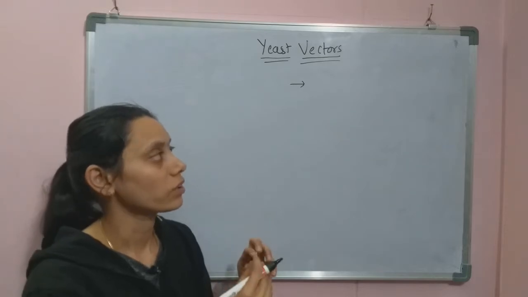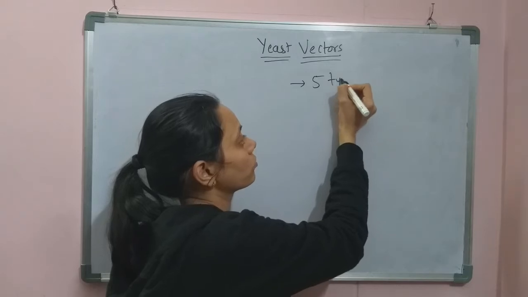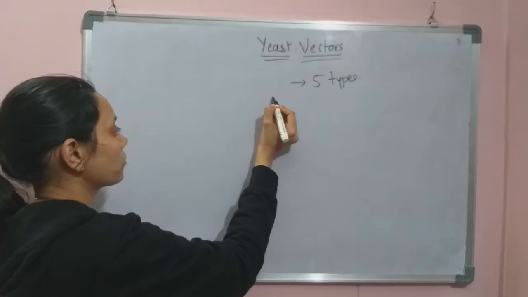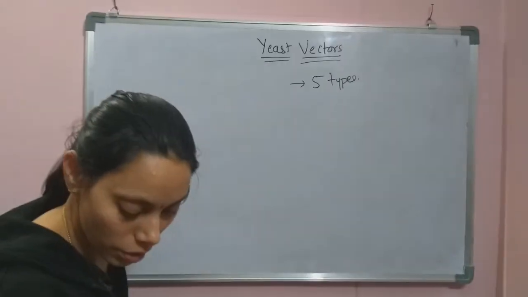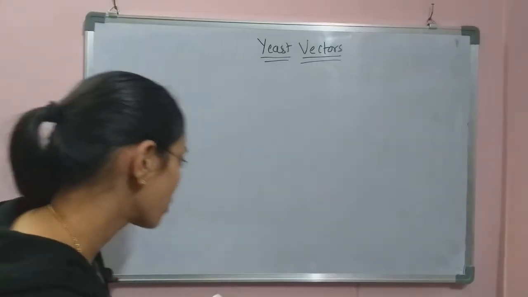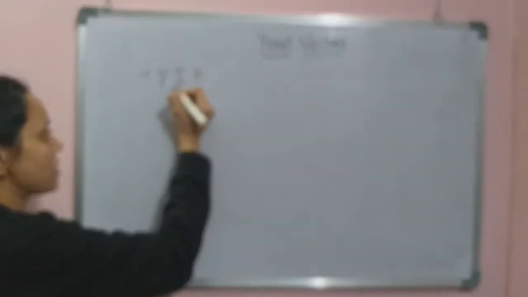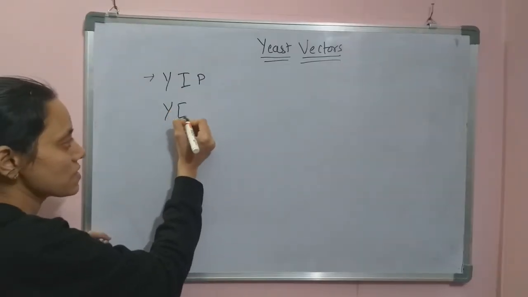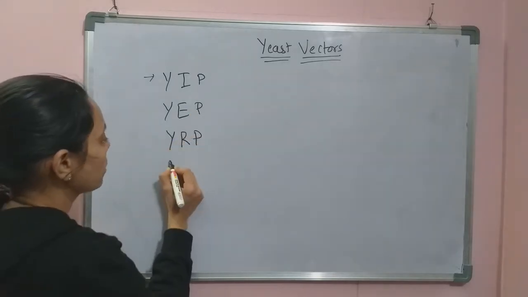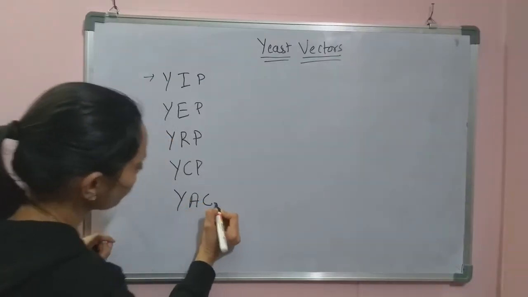Basically, there are five types of yeast vectors. I better write them here. The first type is the yeast integrative plasmid, the second is the yeast episomal plasmid, then the yeast replicative plasmid, the yeast centromeric plasmid, and the yeast artificial chromosome.